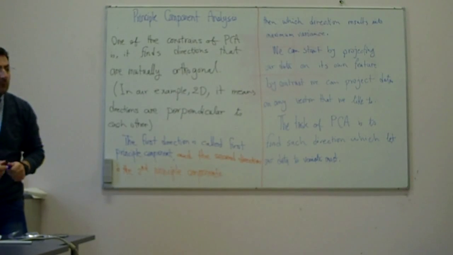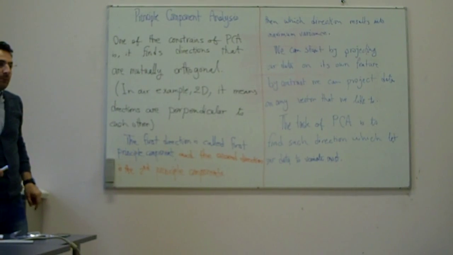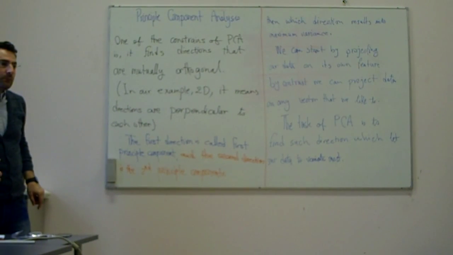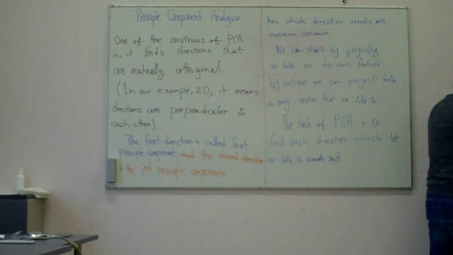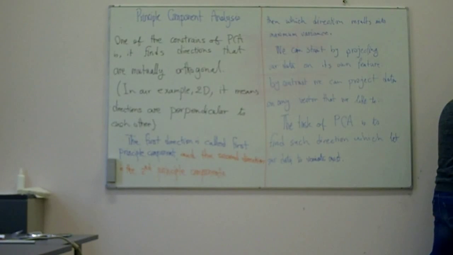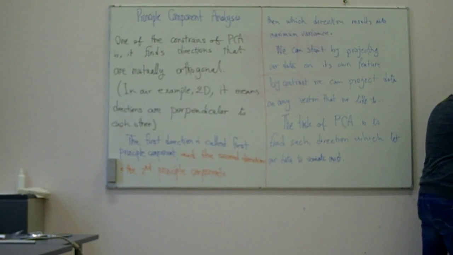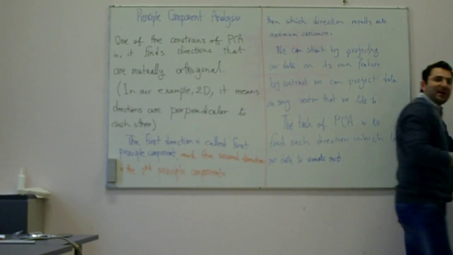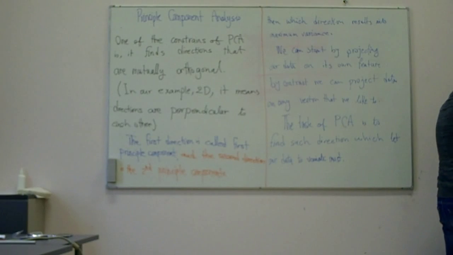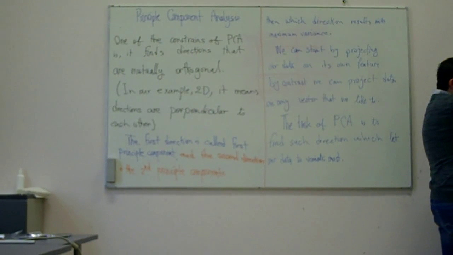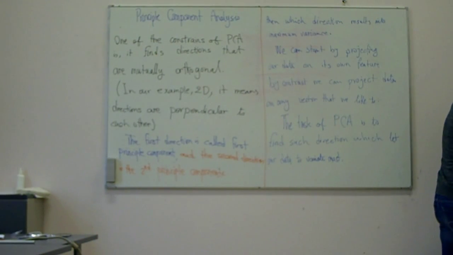Should we count or order them in the other way? Now, what is first and what is second? First means: take this one, project all the data on that one. Then take the second one, project all the data on that one. Look at this new one. It is a linear rotation of the original axis, isn't it?